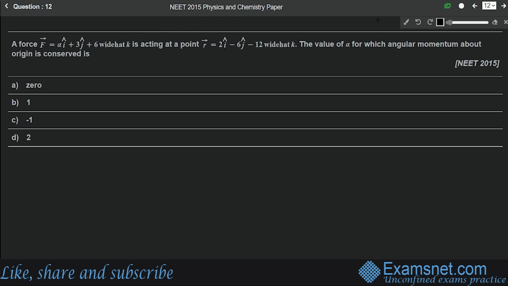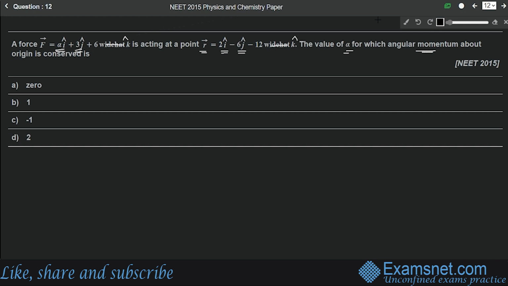Alright, next question is: a force vector F equals alpha i cap plus 3j cap plus 6k cap is acting at a point vector R equals 2i cap minus 6j cap minus 12k cap. The value of alpha for which angular momentum about the origin is conserved is.